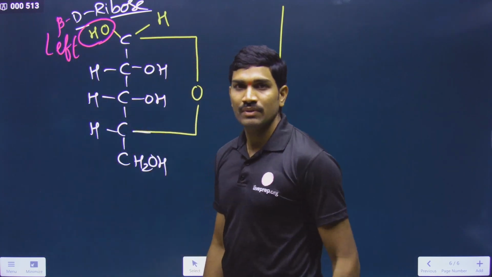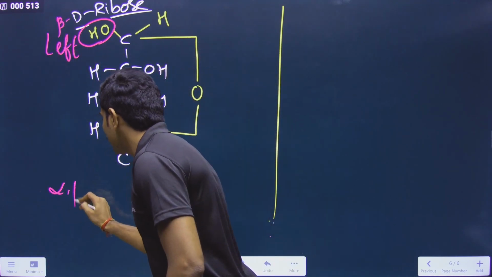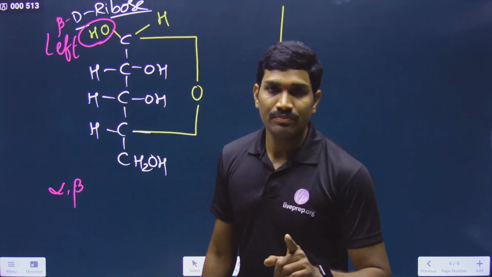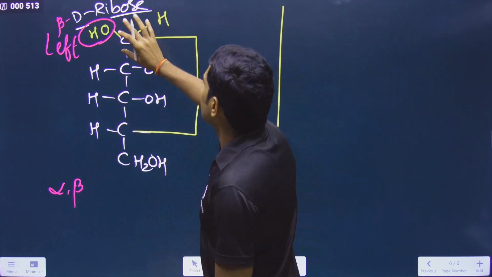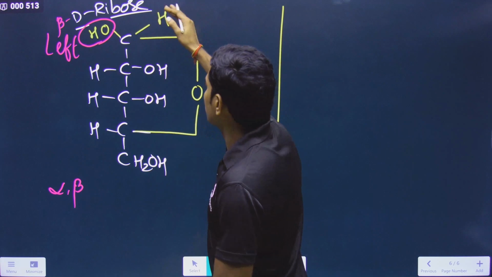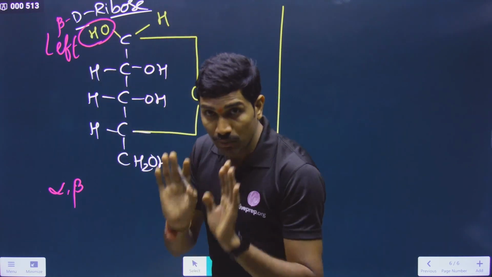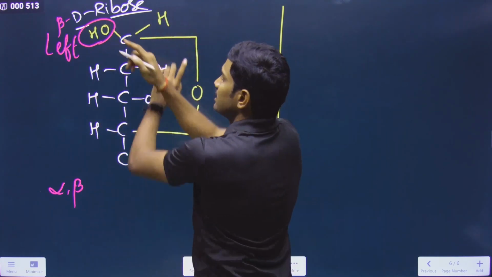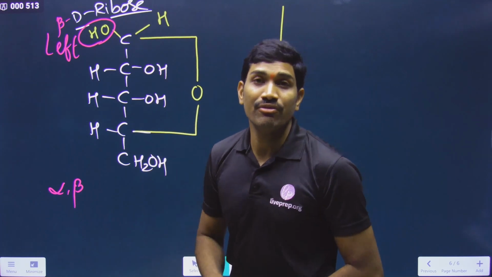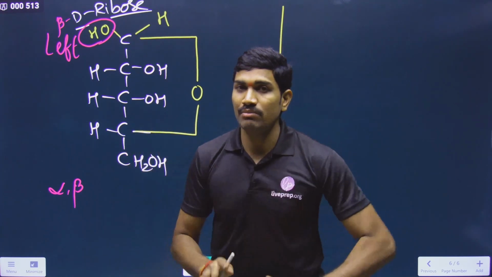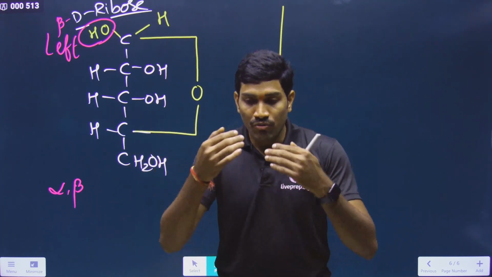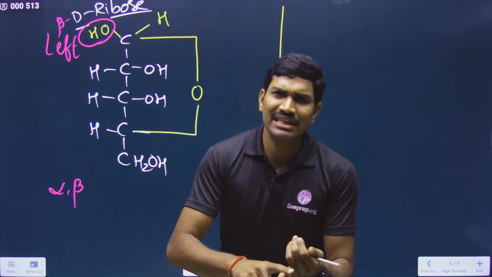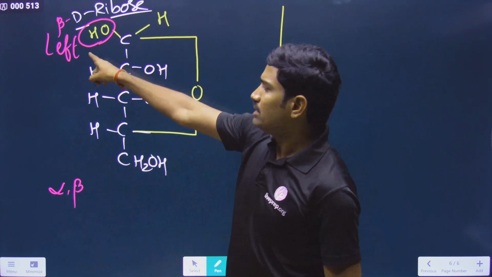Please remember, there are two forms. One is alpha form, the other one is beta form. When you say alpha form, OH is present on the right side, H is present on the left side. Suppose it is like this, then it will be alpha form. But originally, please remember this point. Why are we talking about this? Originally, inside the nucleic acid, whether DNA or RNA, what is the form that is present?